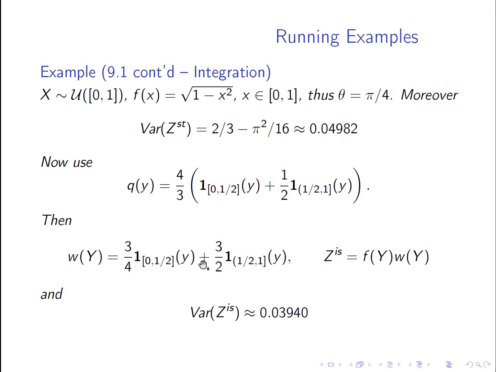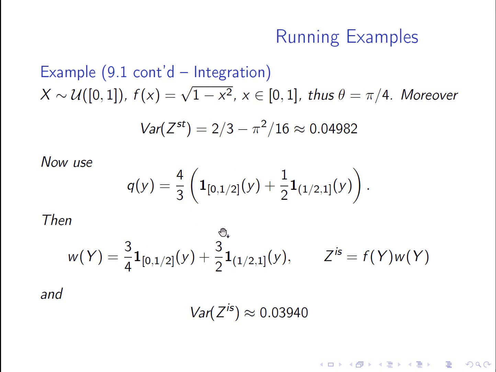So w(y) is this expression, and our importance sampling estimator is f(y) times w(y). If you compute the variance now, we get a bit of a reduction: instead of 0.5 it's 0.4, and if you add a few more intervals here, you can reduce it a bit further.